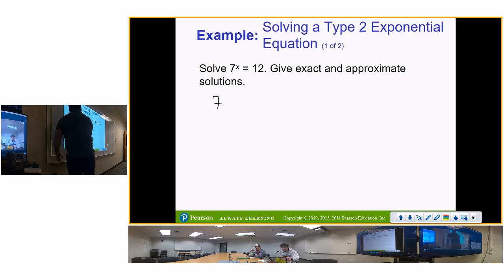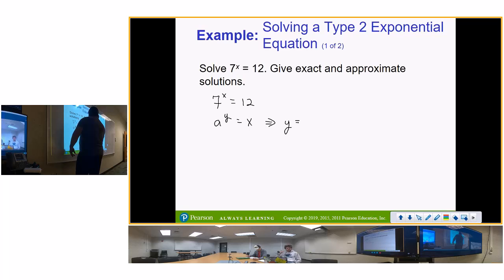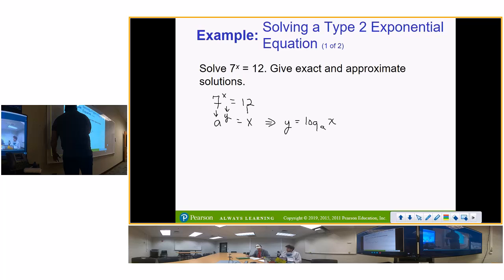So 7 to the x is equal to 12. And I think we did one like this, did we not? Yeah, we did. And we could, a to the y is equal to x yields y is equal to log base a of what? X. And what is y?